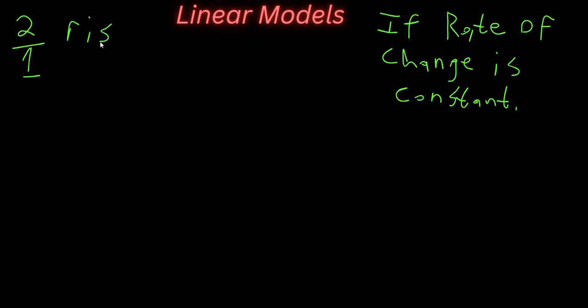So for every one we increase on the y-axis, we increase a half on the run axis, or delta y over delta x. All of these are examples of one another.